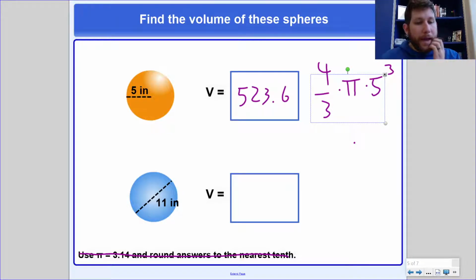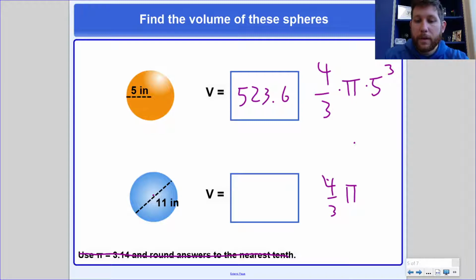All right, and then let's look at our volume for the next one. So I've got 11, so my radius here would be 5.5, because again, notice this is the diameter, so I'd have to find the radius. So I would plug this in: 4/3 times pi times 5.5 cubed.